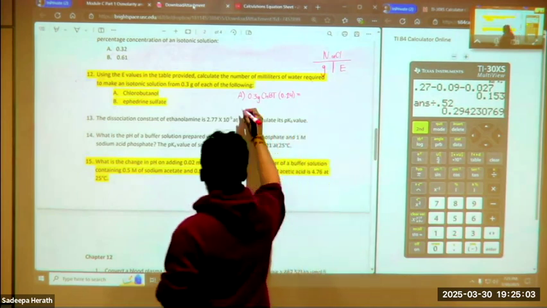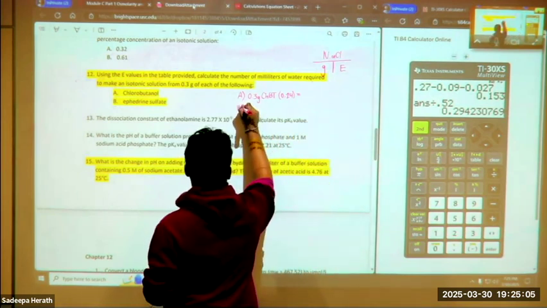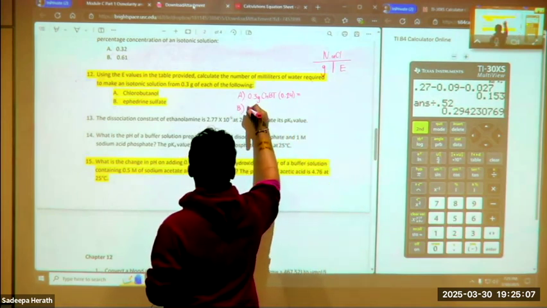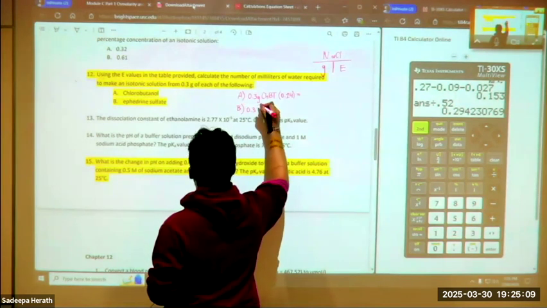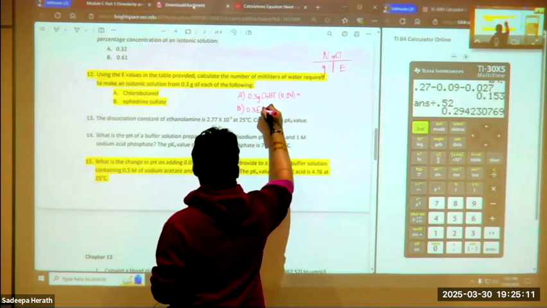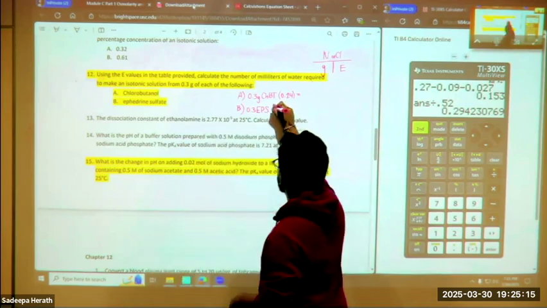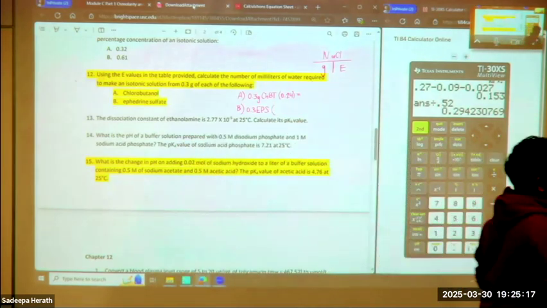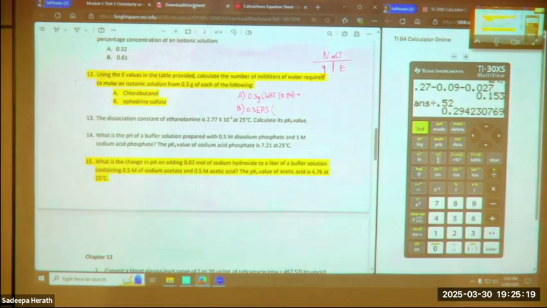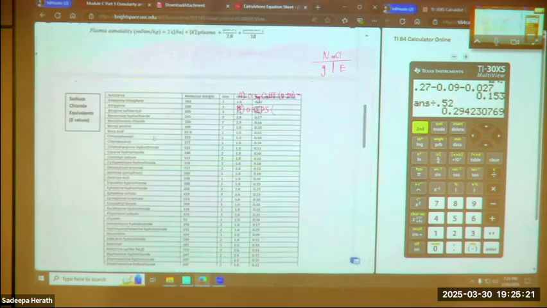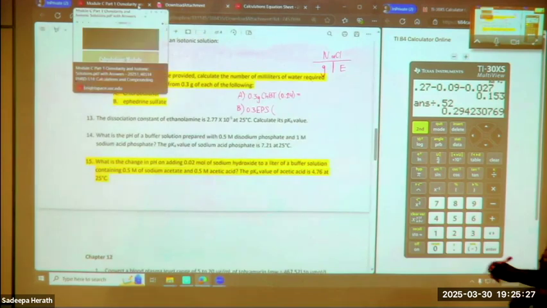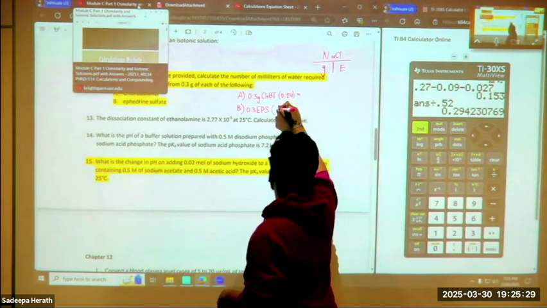Okay. And then for B, ephedrine sulfate, shortened out. E value of ephedrine sulfate, 0.23. Okay.